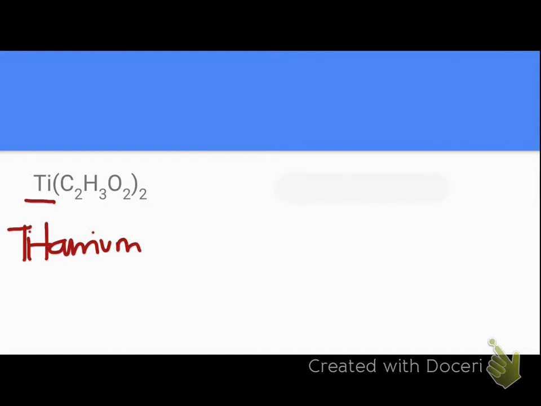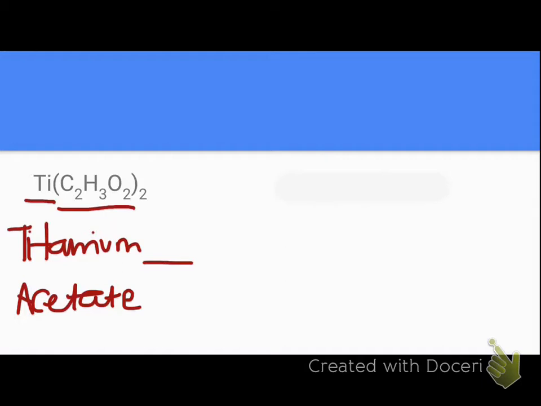And then my anion is already outlined for me. C2H3O2 is acetate. But can I stop here? No, because titanium requires a Roman numeral.